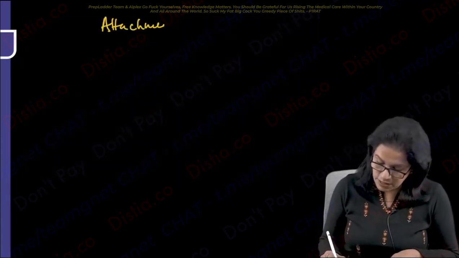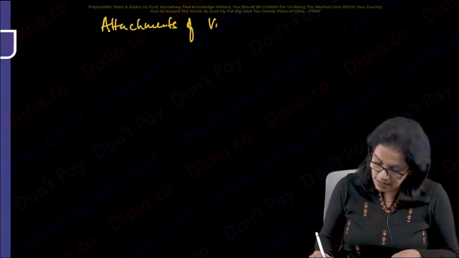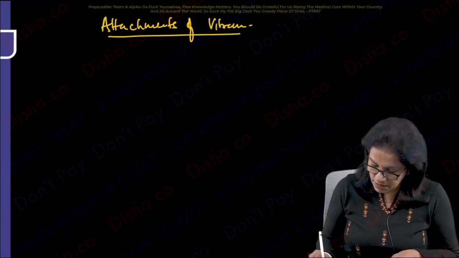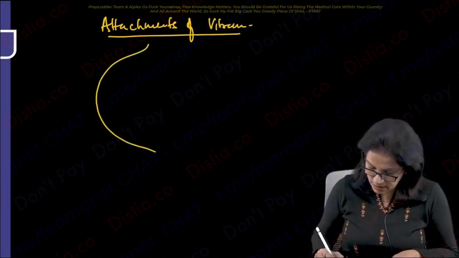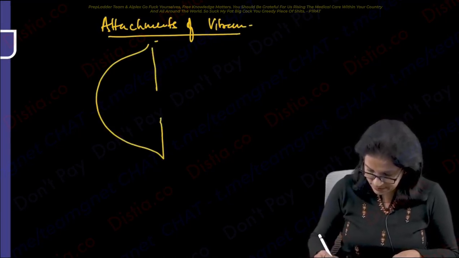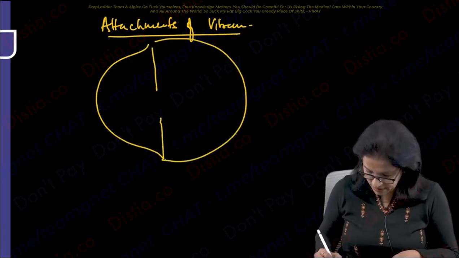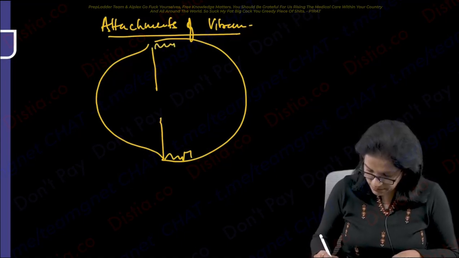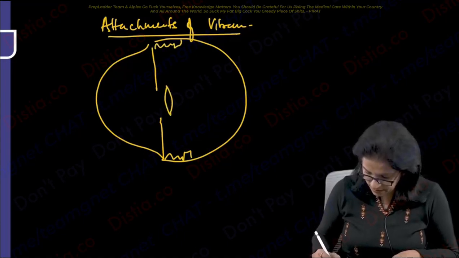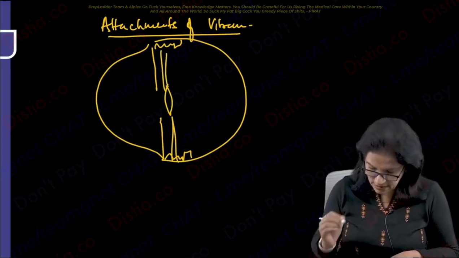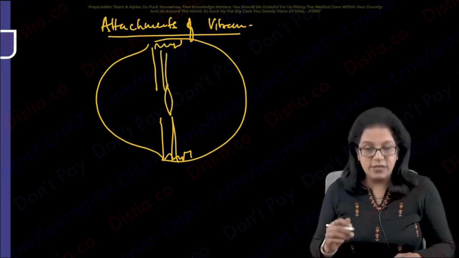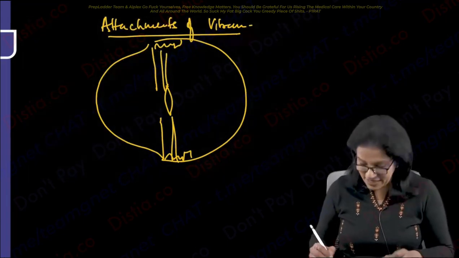When you talk about the attachments of vitreous, we will learn that vitreous attachments can be, let's draw it. So, one was your, did we not learn about Wiegand's ligament?